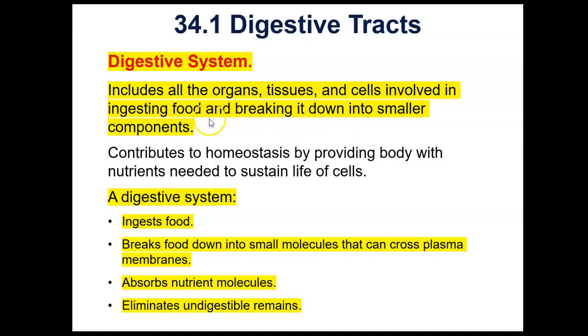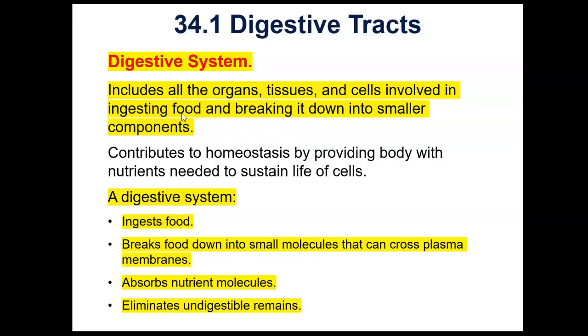So different components of food are broken down at different points in the GI tract, or the digestive tract, in humans. That means ingesting food, breaking it down into smaller components, and absorbing it through the walls of the GI tract into our bloodstream so that those nutrient molecules can get to the cells of our body that need them. So that's really what the digestive system does.